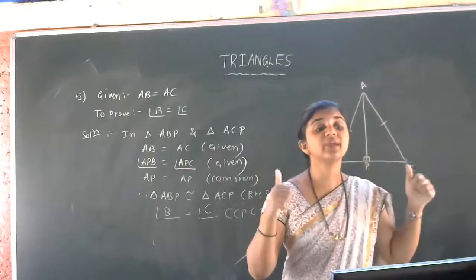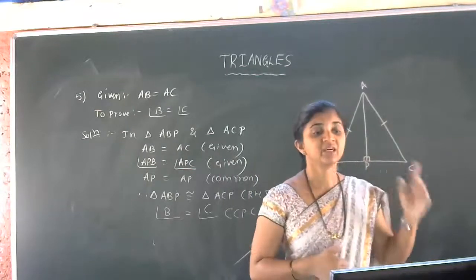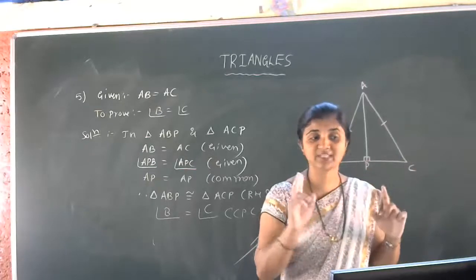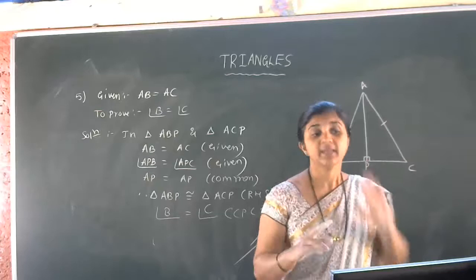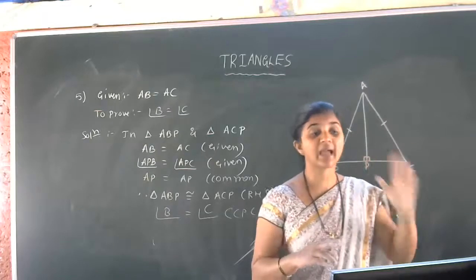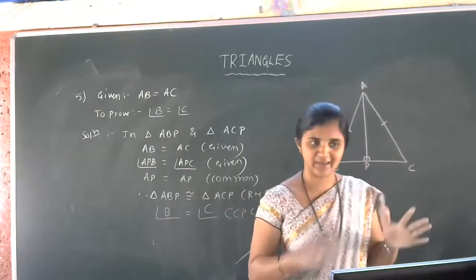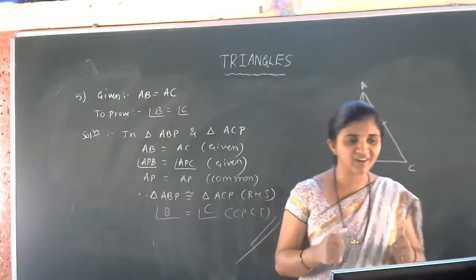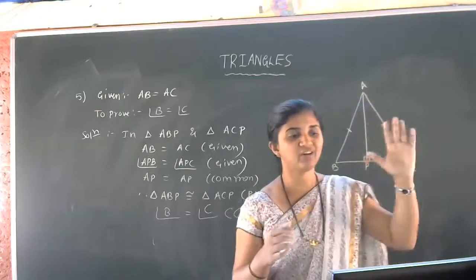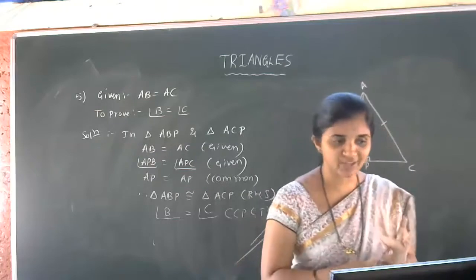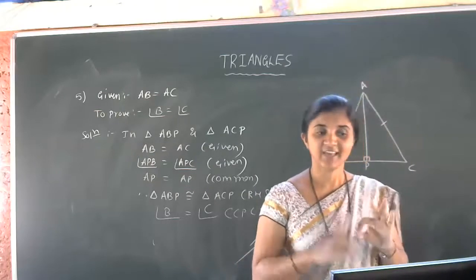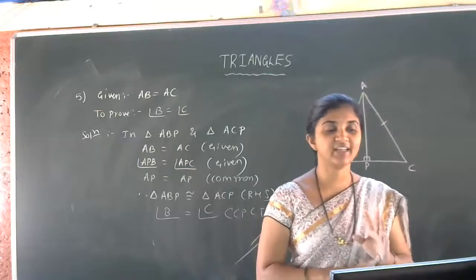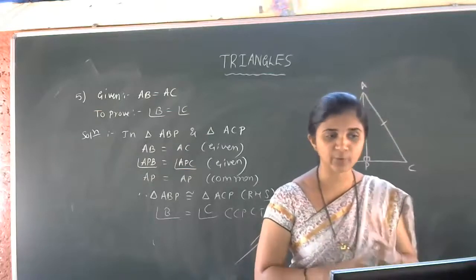And also we have two more properties: the angles opposite to equal sides of an isosceles triangle are equal, and the sides opposite to equal angles of a triangle are equal. So in the triangle topic, up to today we have learned the congruency criteria of triangles, that is SAS, ASA, AAS, SSS, RHS, and also these two more properties of triangles.